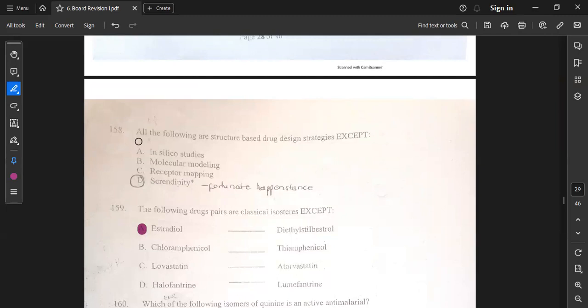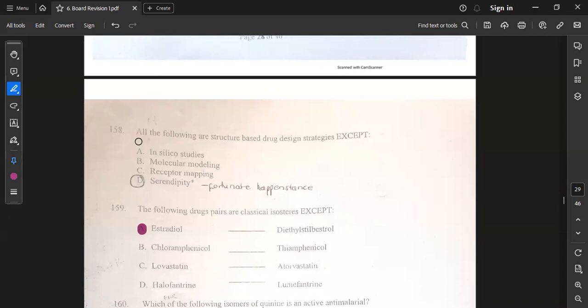Has anyone got anything to say here? Hello. Yes. From what I remember, with an isostere it's about the functional group. Let's say you have an amino group. Can you replace the amino with another heteroatom and get the same activity?